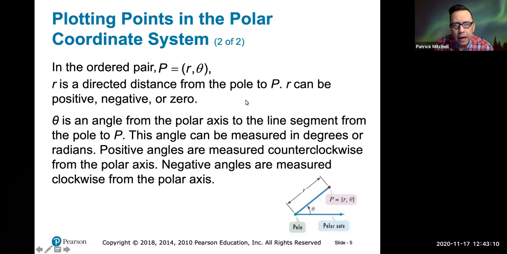So the idea behind polar coordinates is you start at the pole, travel directly to your point, and that distance is called r. And then the angle between the polar axis, which again you can think of as the positive x-axis, and that line that you created, that's the angle theta.